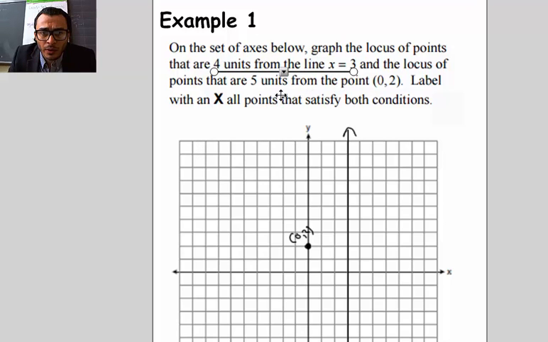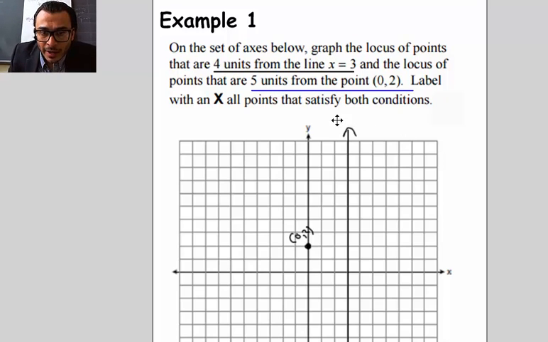And the second locus condition is 5 units from the point (0, 2). So you need to understand that these are separate locus conditions. Okay, so you're going to be plotting more than one locus condition here, and the first one is 4 units from the line x equals 3. So let's only focus on that right now.